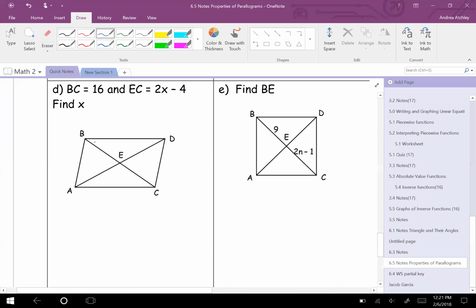Okay, BC is 16. So this right here is 16. EC, this part right here, is 2x minus 4.